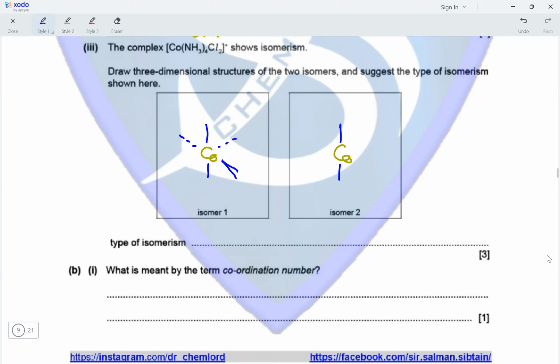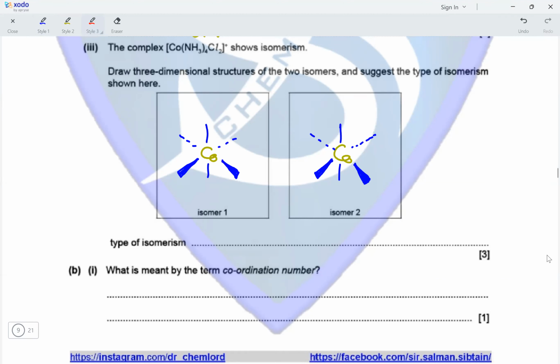Then we would have positions of the binding of the ligands. Six ligands will bind. So we would have six positions on both the isomers represented in 3D. And once that is done, we are going to place the ligands in their appropriate positions, forming cis and trans isomers. So here we have completed the position of binding of ligands.